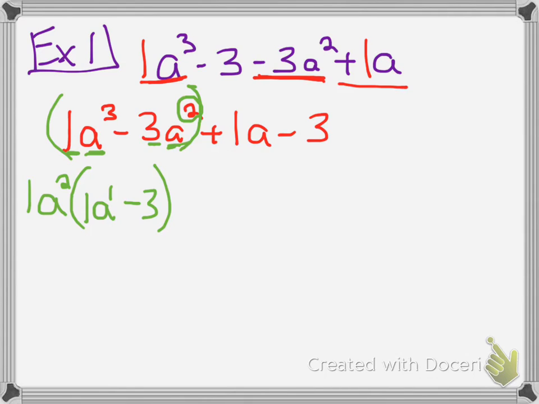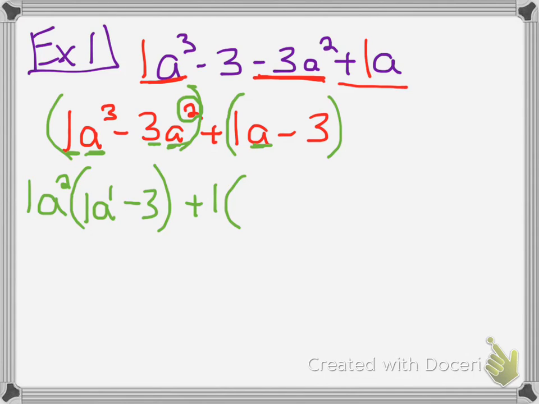Now, let's factor by grouping on this set of terms. The greatest common divisor of 1 and 3 is 1, so I'm going to factor a positive 1 out. This is the only term with a in it, so it kind of looks cheesy here, but nonetheless, we factored it correctly.